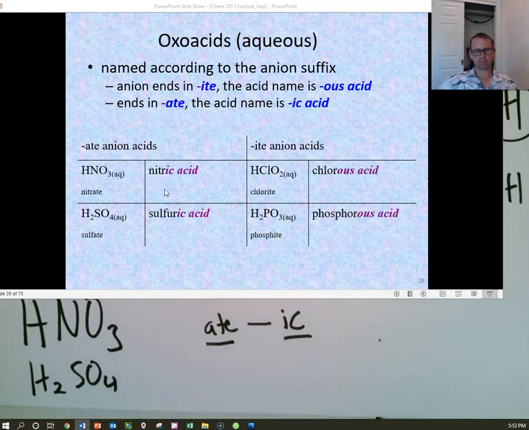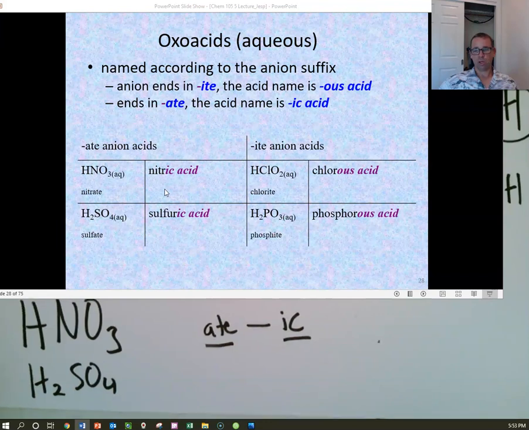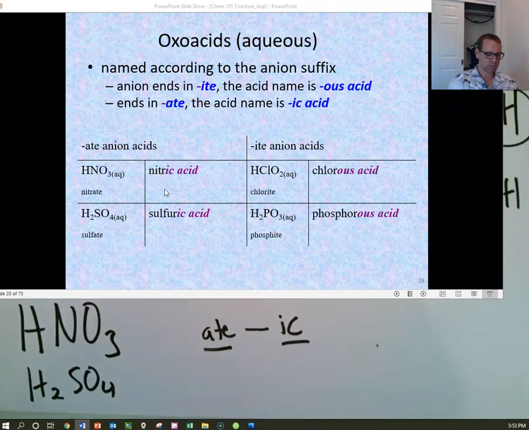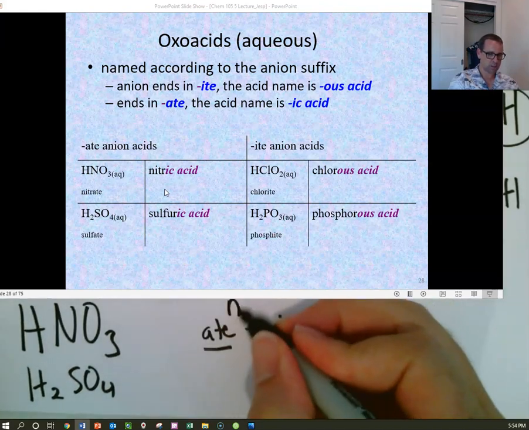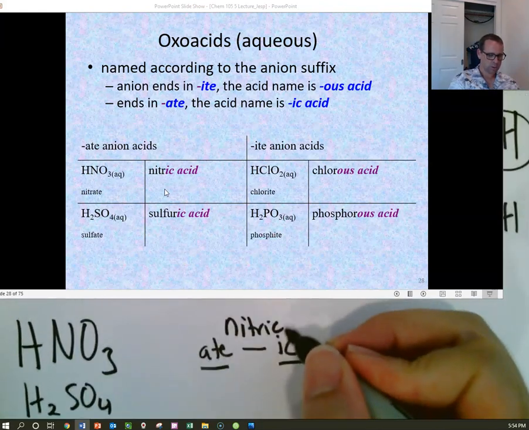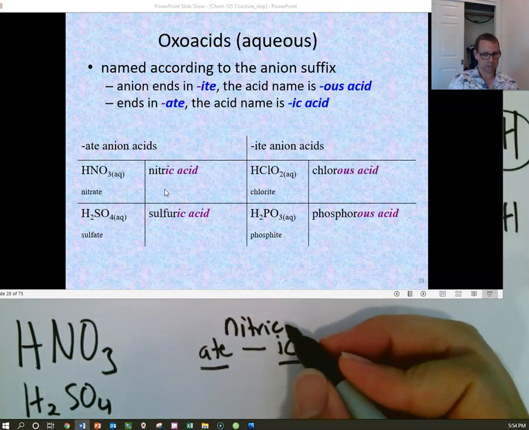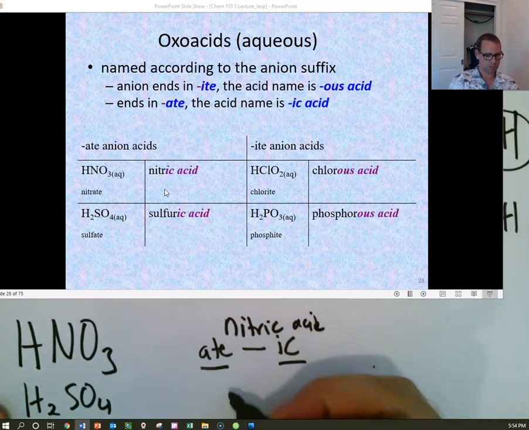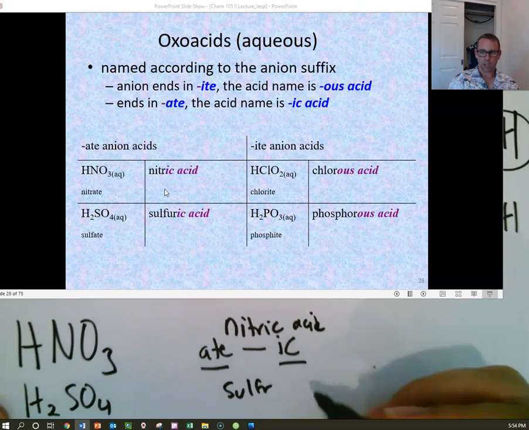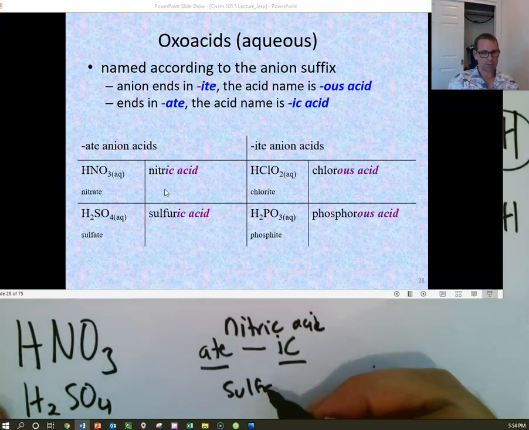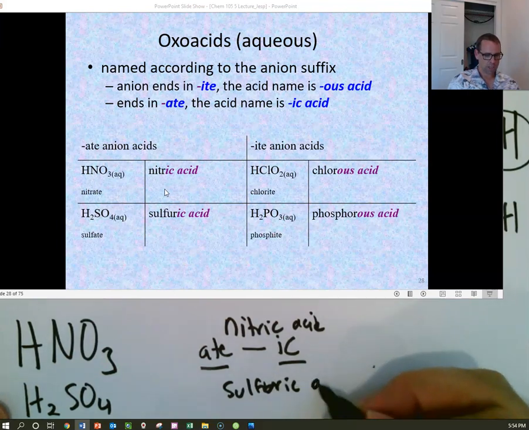Hydrogen sulfate ion. No hydro, just like this one was nitric acid. So it would be sulfuric acid. Sulfate didn't go to sulfic acid, it threw in the ur. But sulfuric acid. Sulfuric acid.